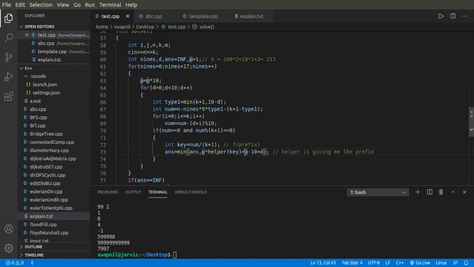And what is p minus 10? P minus 10 gives the summation of, or it is basically forming the set of nines. Here p minus 10 is something like 99990.